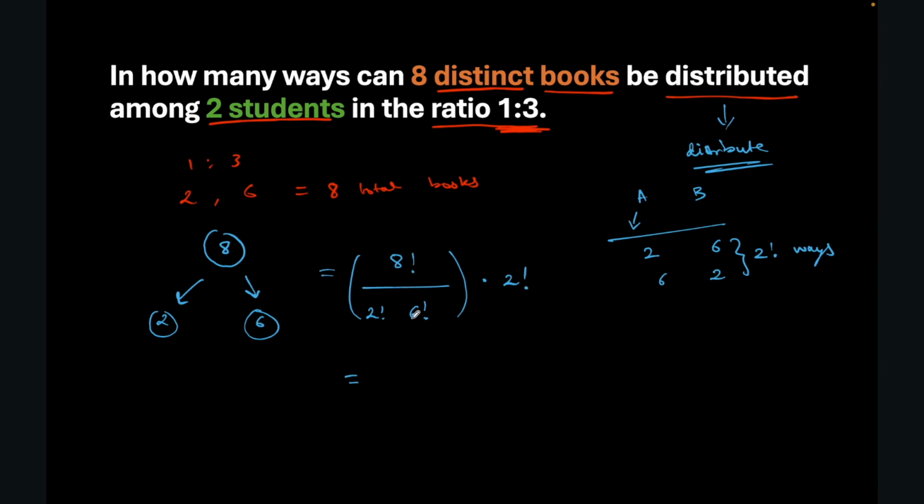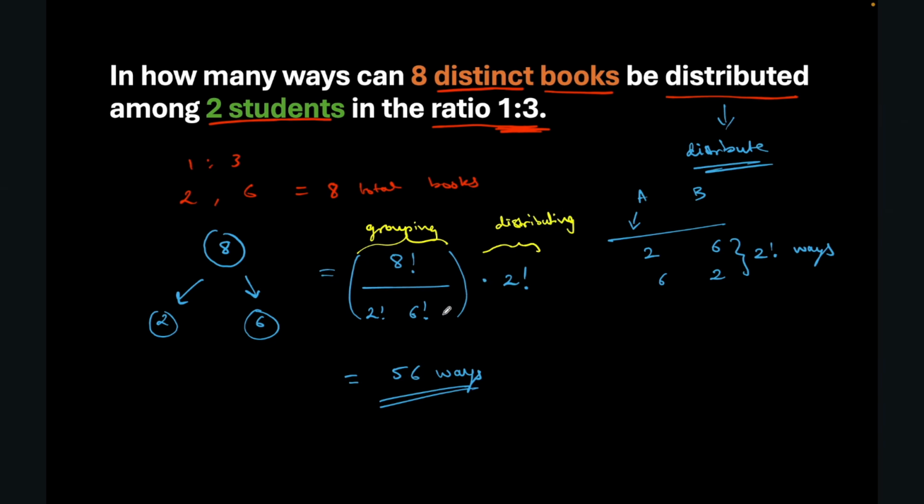Now we can say this is going to be, 2 cancels out, 56 ways. Because it's being distributed, let me change the color again. This part is the grouping part, but this part is distributing.